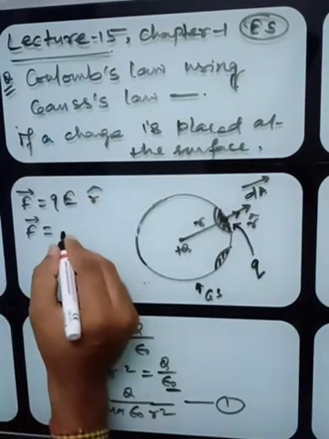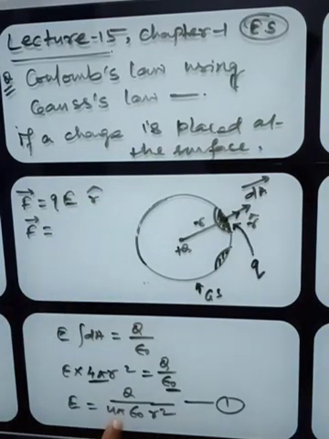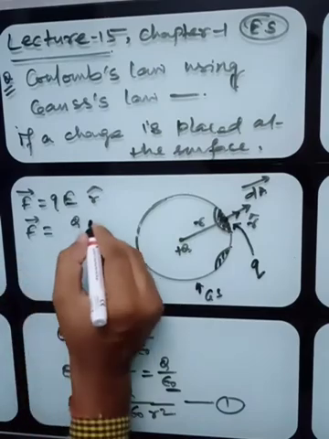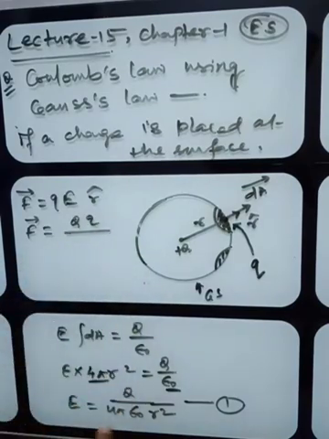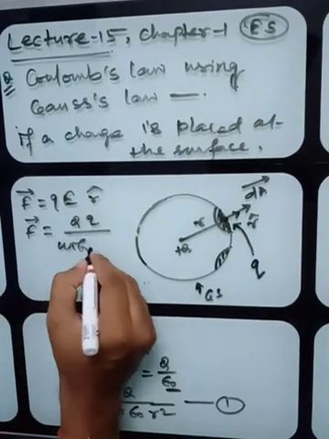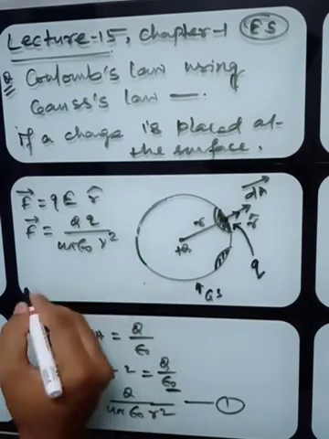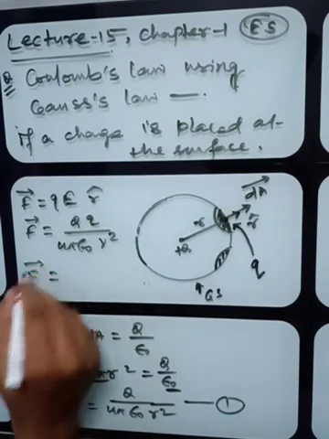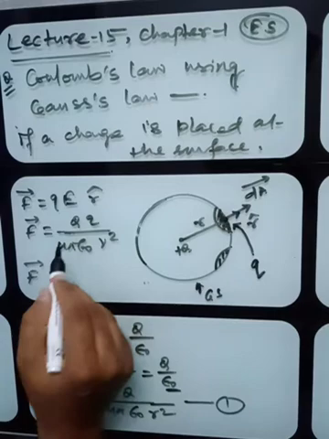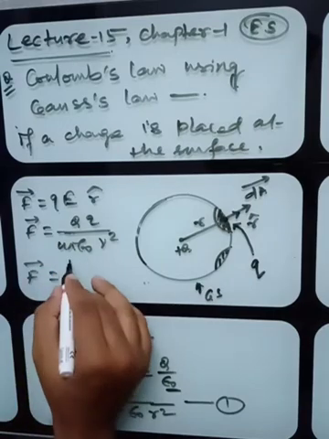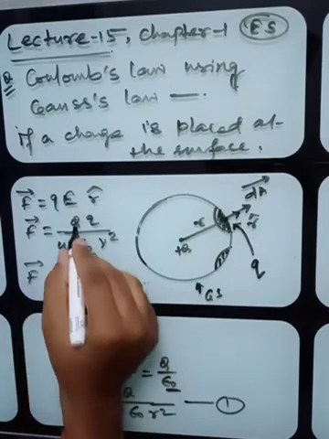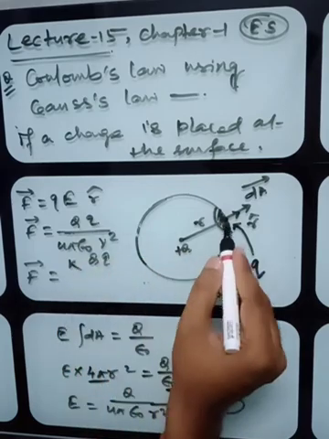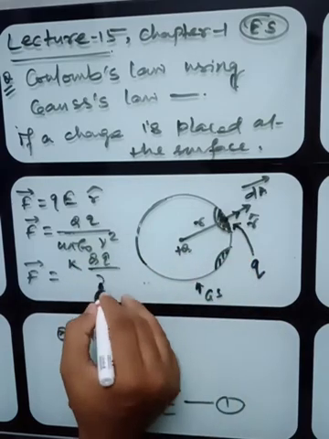So q times E, we can write q times q by 4 pi epsilon naught r square, and this can also be written with 1 by 4 pi epsilon naught as k, q1 that is q, q2 that is another q, divided by r square.